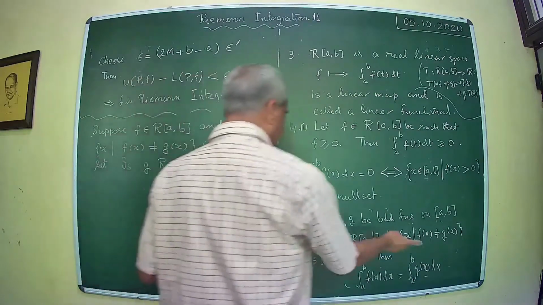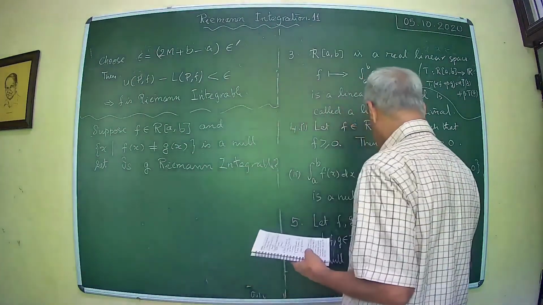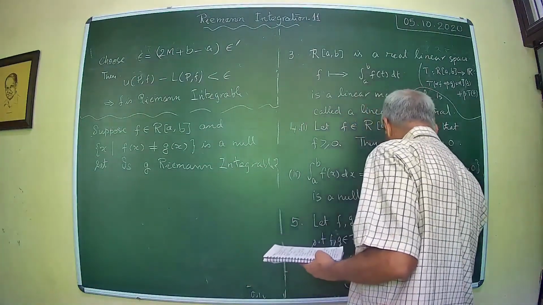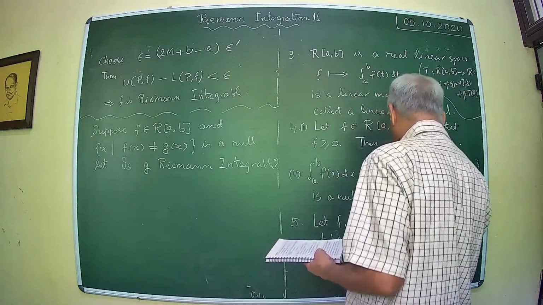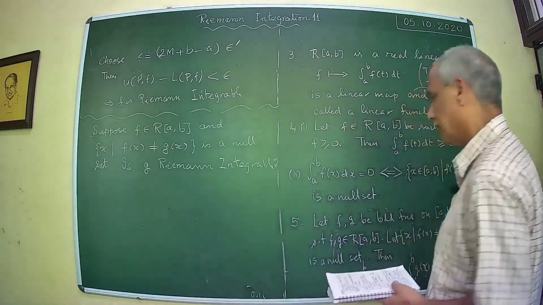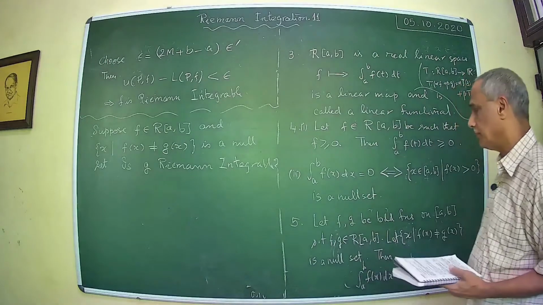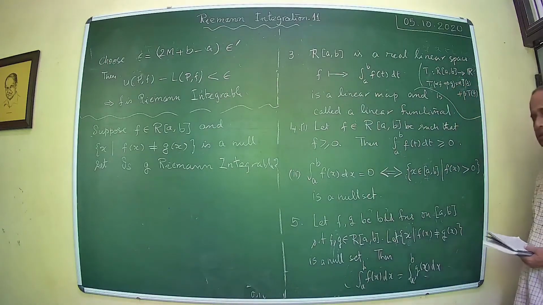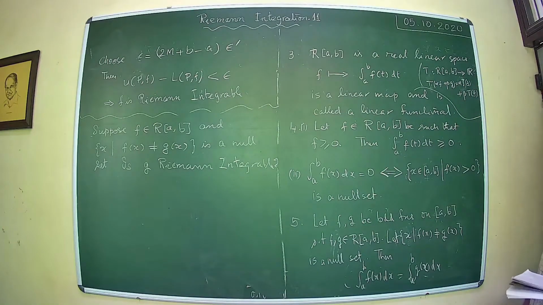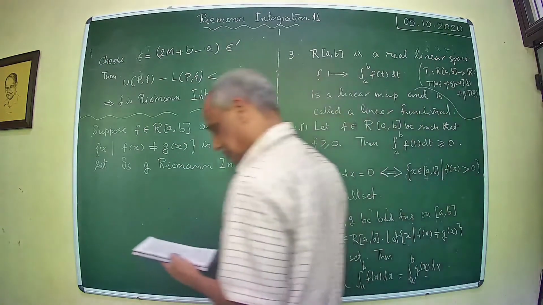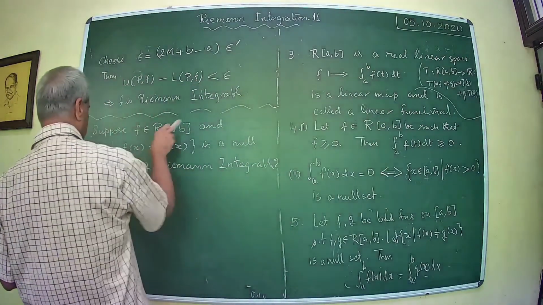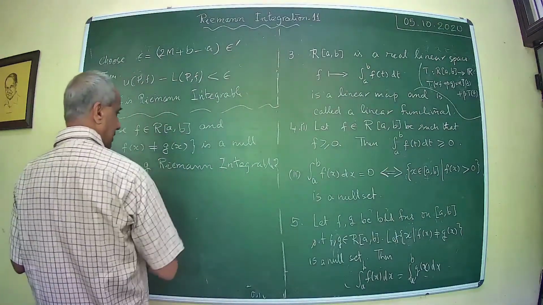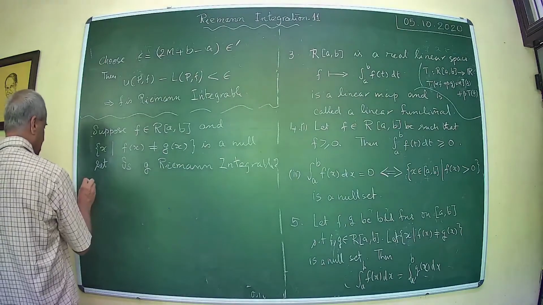Both f and g are Riemann integrable, then this is true. Otherwise, you can ask this question. Of course, it's quite simple to get, because if f and g are Riemann integrable, then f minus g is Riemann integrable. And write h equal to f minus g, and then apply the previous result. You will get that. Okay. Now this you explore.